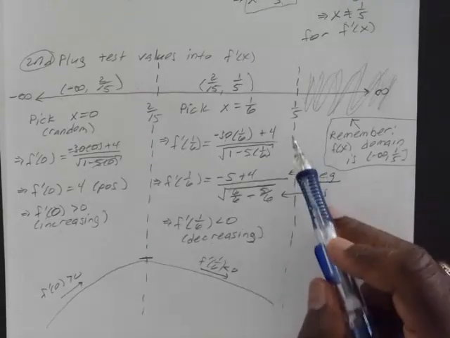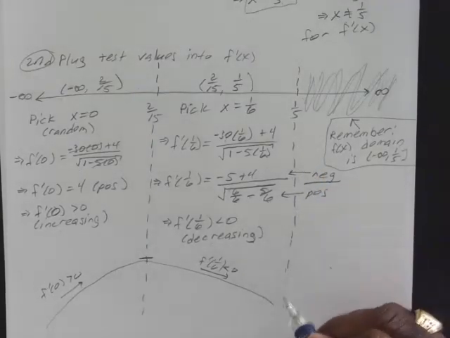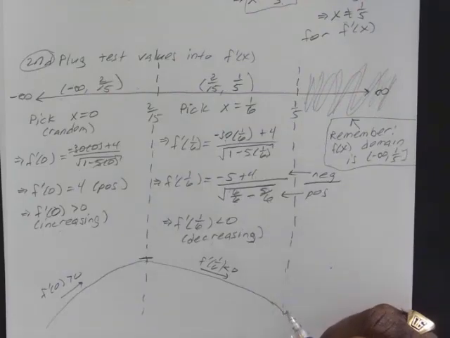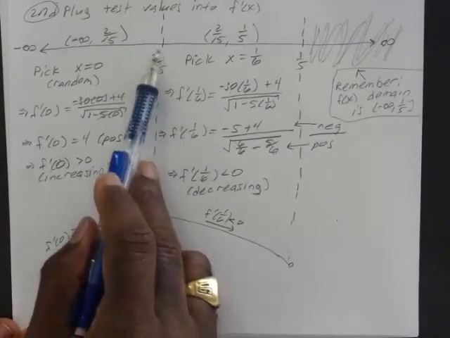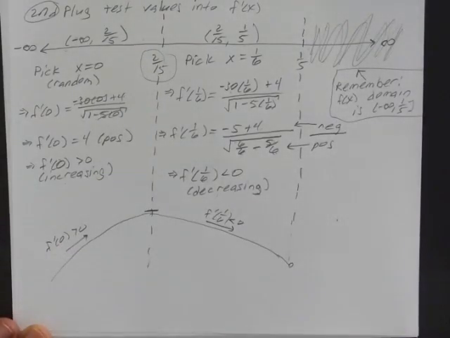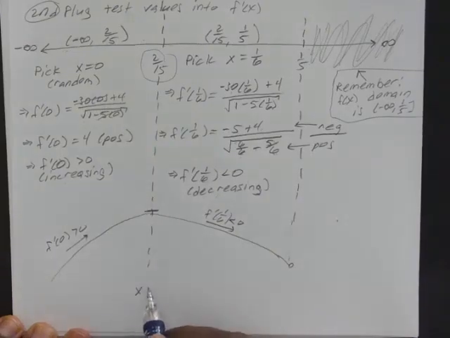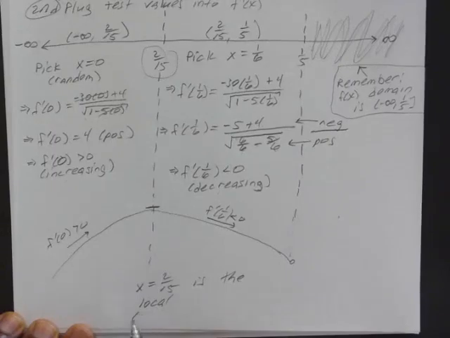Okay, so since it can't equal 1/5, it's going to go here and end up being an open circle. So the only extreme, minimum or maximum that we have here is that 2/15. So we know at x equals 2/15, that is the local or relative maximum.